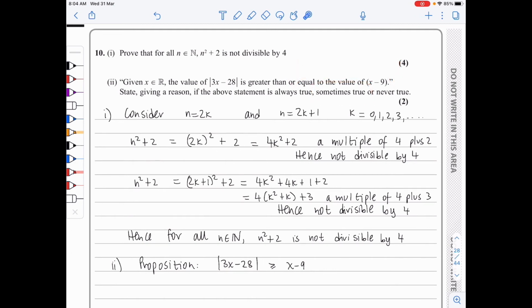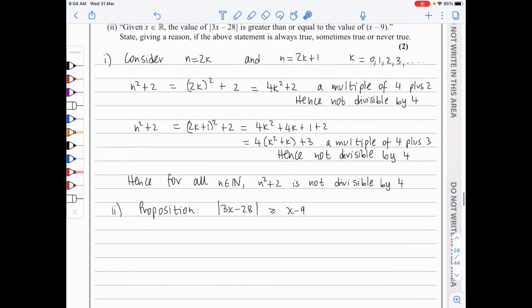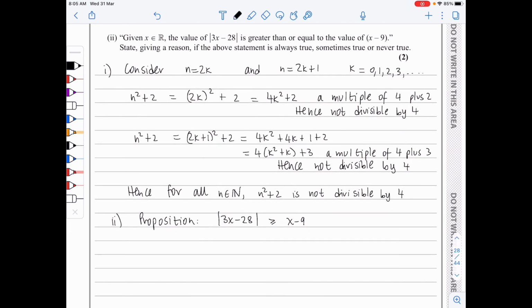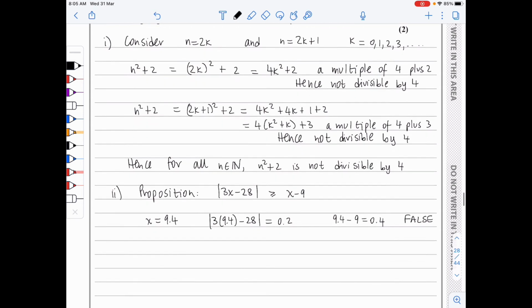In this particular case, it's actually sometimes true. You need to come up with particular values for x. So if I put x to be, for example, 9.4, I get the modulus of 3 times 9.4 minus 28, which is equal to 0.2. And 9.4 minus 9 is 0.4, so false, because 0.2 is not greater than or equal to 0.4.